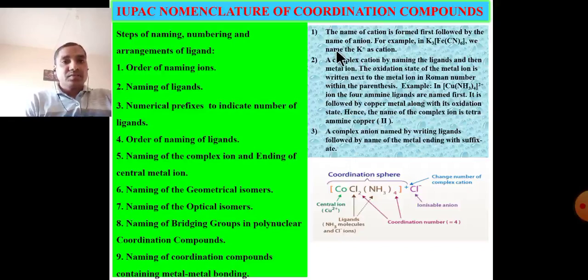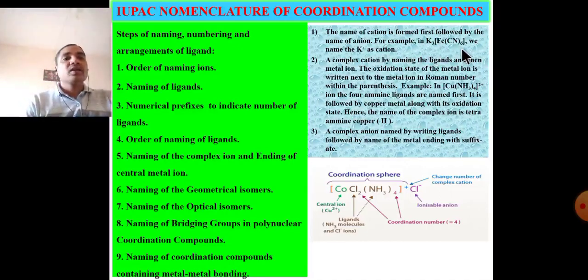In this slide also, in the explanation, the name of the cation is given first, followed by the name of the anion, as in the first step, the order of naming. Example: in K4[Fe(CN)6], K is plus, so the potassium cation is named first, and then the negative ion.